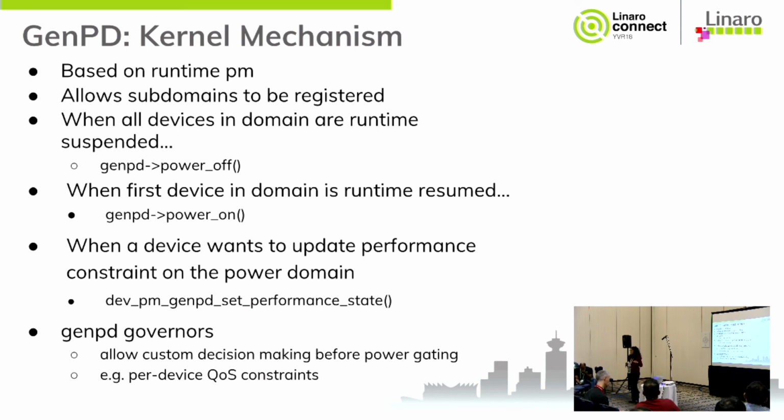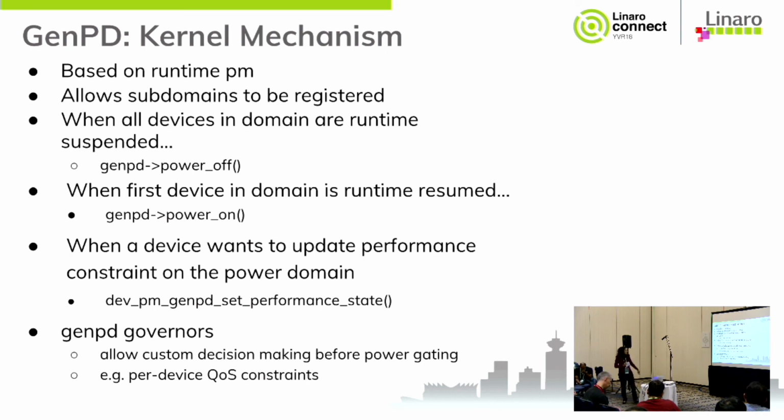So Runtime PM can keep track of that and make sure that devices that are grouped together, if they are idle, can in turn go ahead and idle the power domain as well. Similarly, if a device in a group is requesting to be active, again Runtime PM can keep track of it and go ahead and activate the power domain as well.